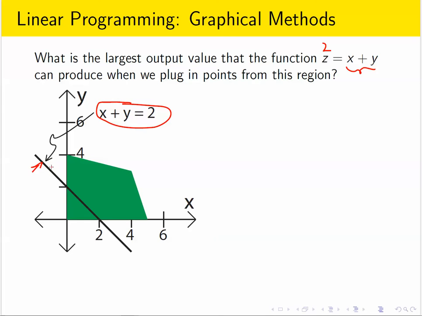So if I take any point from that line and plug it into this function, the output will be 2. And we notice that there are several points inside the green region that are also on this line, which means there are lots of points I can plug into this function that give me an output of 2, like the point (1, 1), or the point (2, 0). So I can definitely get an output of 2.